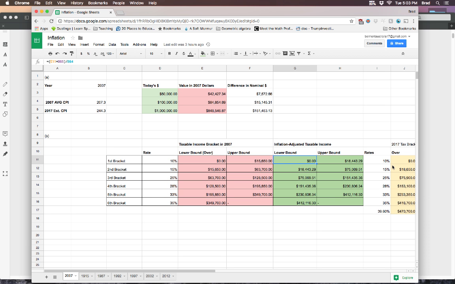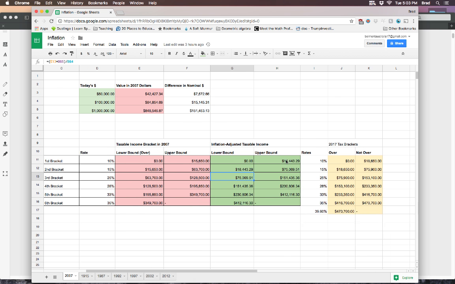Well, the lower bound would be 0 to 18,443. The lower bound from the second bracket, the 15% bracket, would be 18,443 then, up to 75,000, and so on and so forth. So these are the bracket breakdowns. Now what I included is the 2017 actual tax brackets.